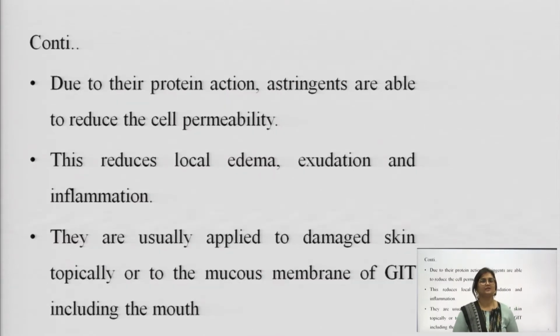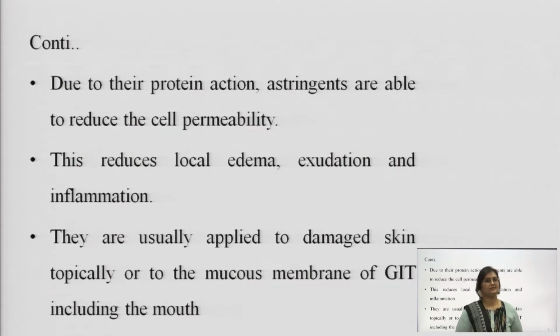Due to their protein action, astringents are able to reduce cell permeability. They have the capacity to bind to proteins, hence reducing cellular permeability.